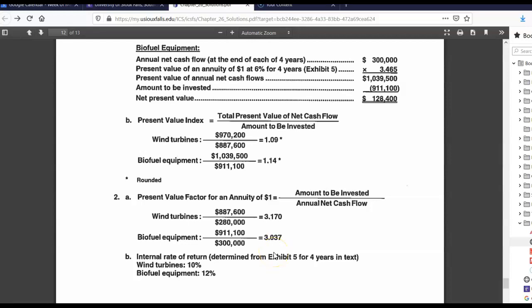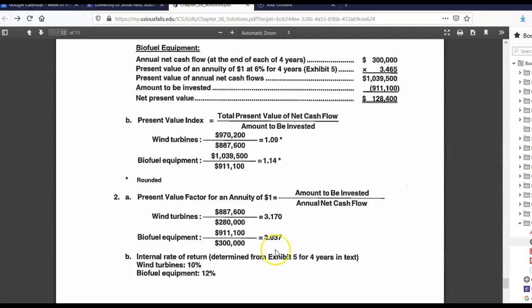And if you think about it, that makes sense. The biofuel equipment pays itself back ever so slightly quicker than the wind turbines, right? It's 3.037 years versus 3.17 years. Well, that means you're getting your money back faster, which means you're earning a higher interest rate. So the wind turbines should be slightly less than the biofuel equipment.